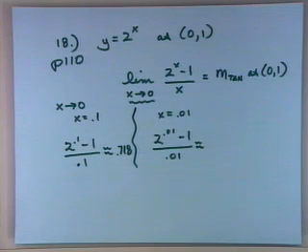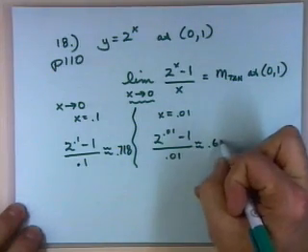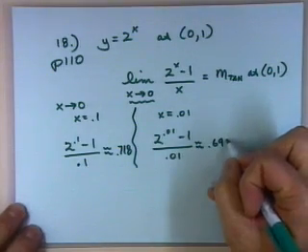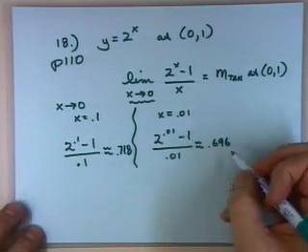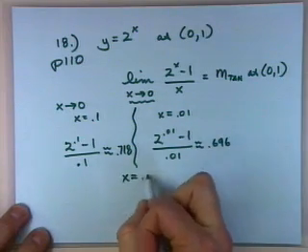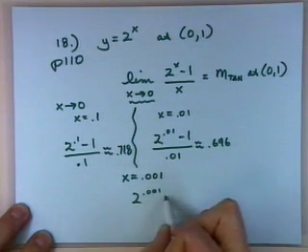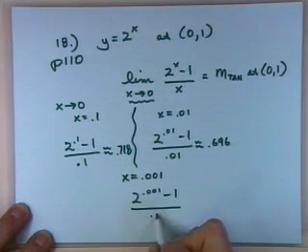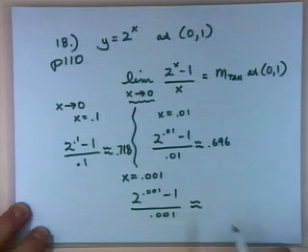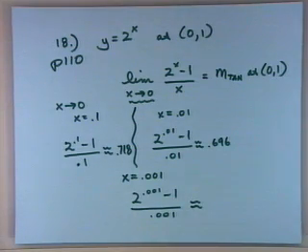Somebody run that through your machine and see what you get. 0.696. Yeah. Probably 0.693, maybe. Yeah, it's 0.693.